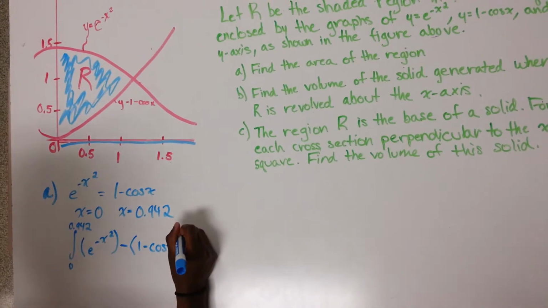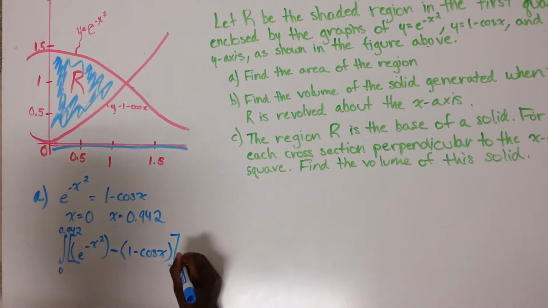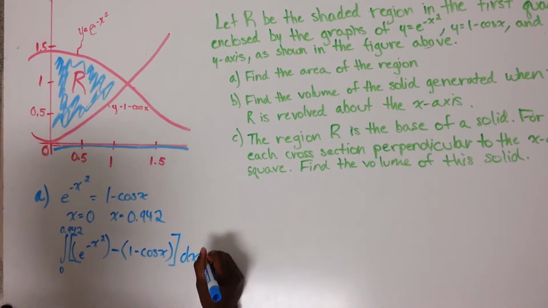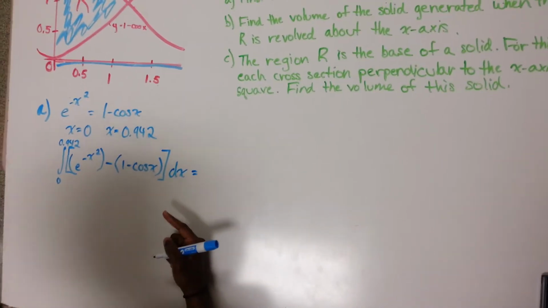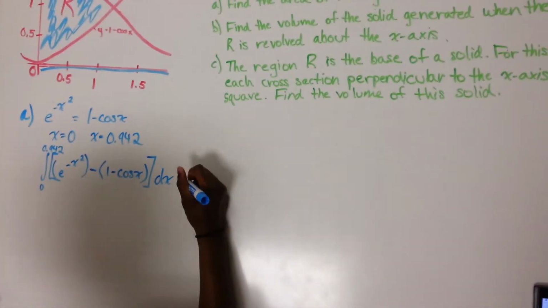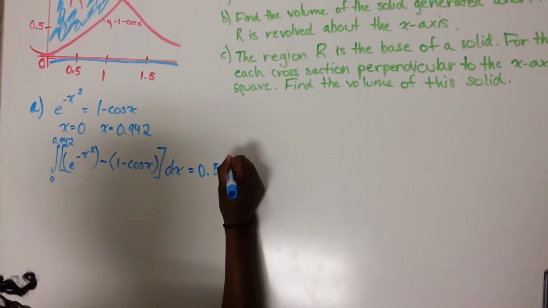Then you put parentheses around the whole expression so that it can be in terms of dx and your integral can be correct. Then you plug that into your calculator and you should get 0.591.